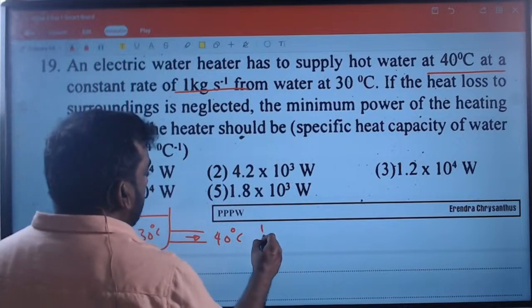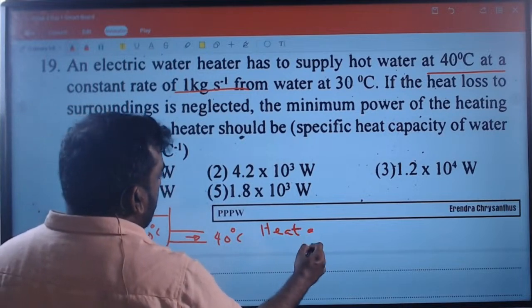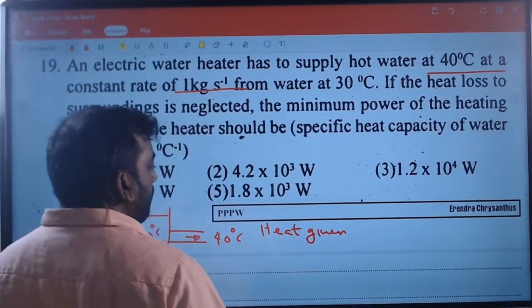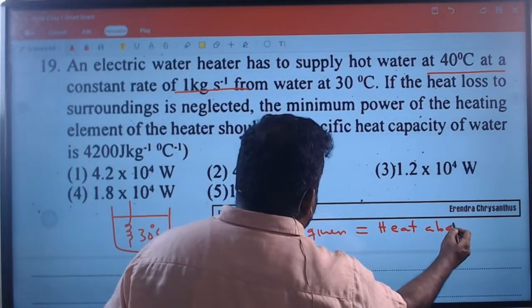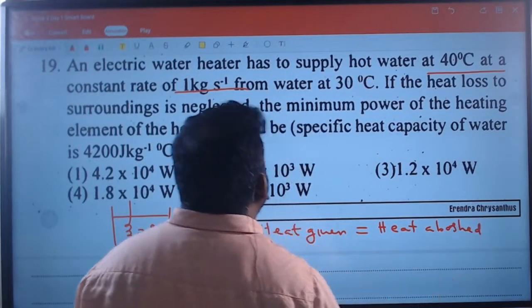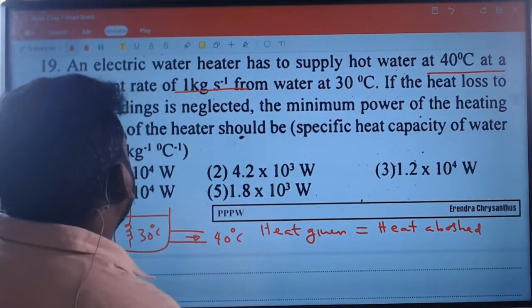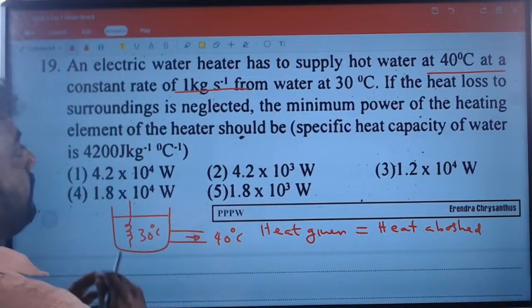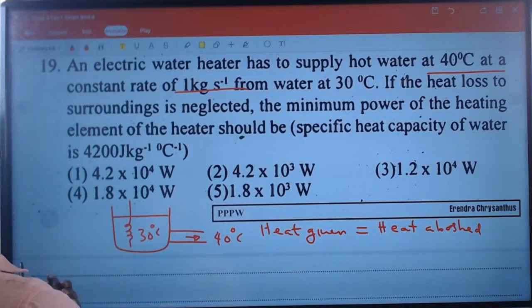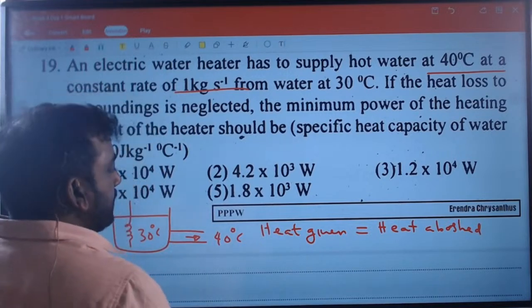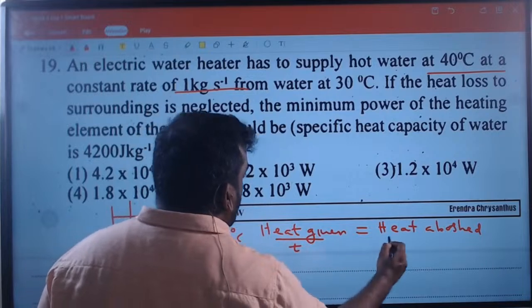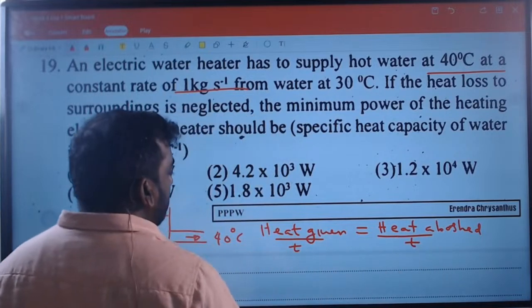So what? Heat given equals heat absorbed. Heat absorbed divided by time is the power.